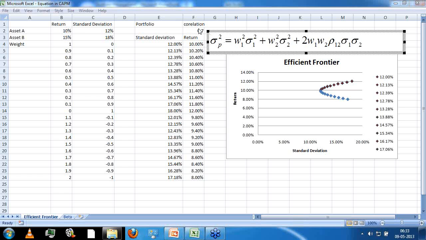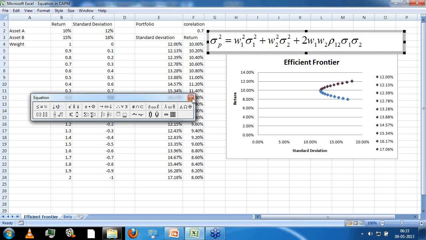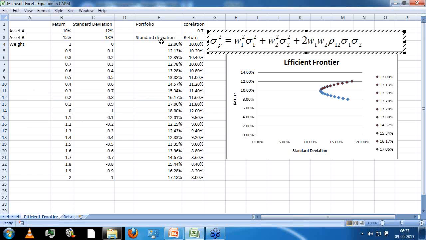We found out the standard deviation and the return for different weights of asset A and asset B in our portfolio. We plotted a scatter plot. We observed an interesting phenomenon, and that is that at every level of risk, you are getting two different returns. One return is superior to the other return.